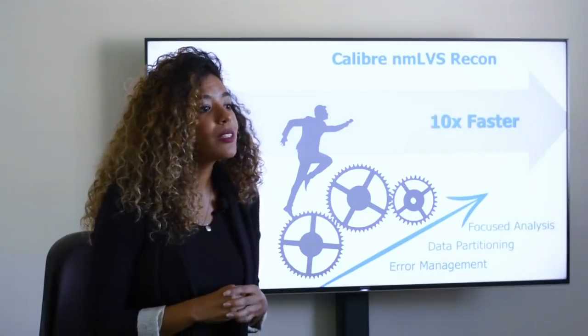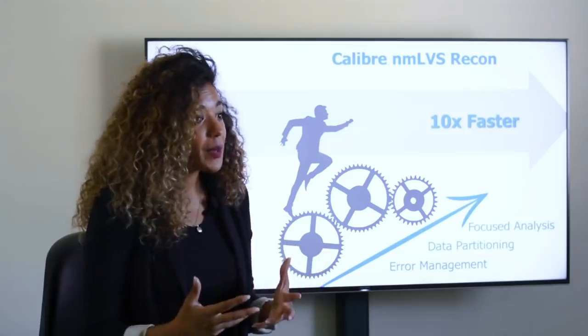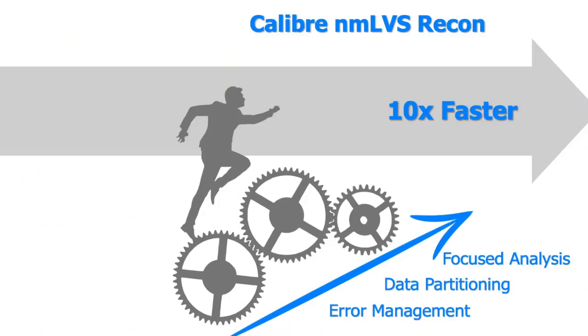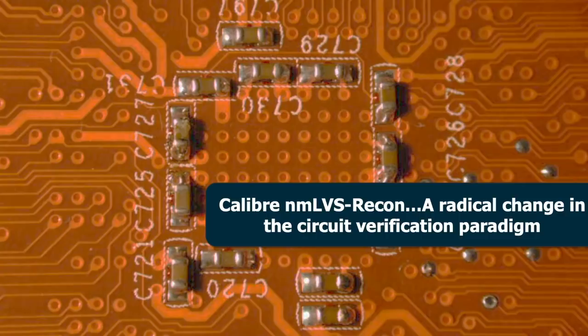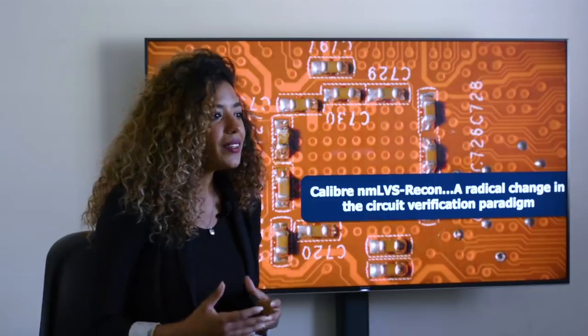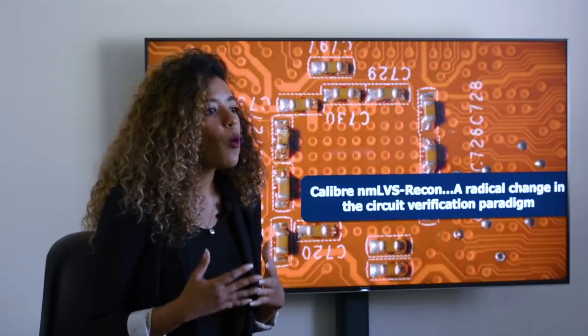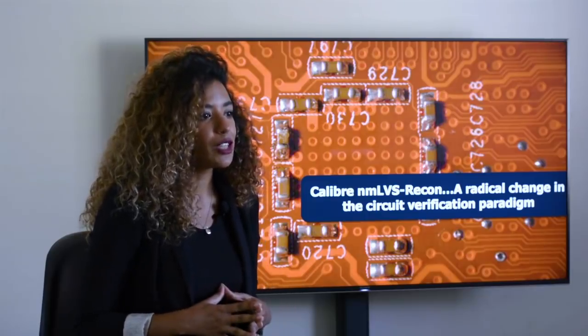With built-in options to focus on specific types of violation, addressing the most impactful errors first, Calibre LVS-Recon enables teams to debug errors and fix them in parallel, split data, partition their chip for easier debugging and root cause analysis, all serving the end goal of faster time to market. Calibre LVS-Recon makes everybody's life easier, where designers and engineers can achieve more and close their circuit verification cycle faster. And it helps companies realizing a faster time to market for their products.